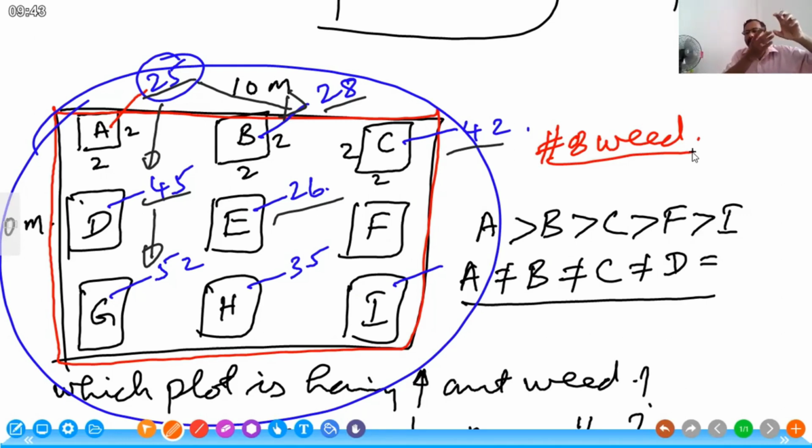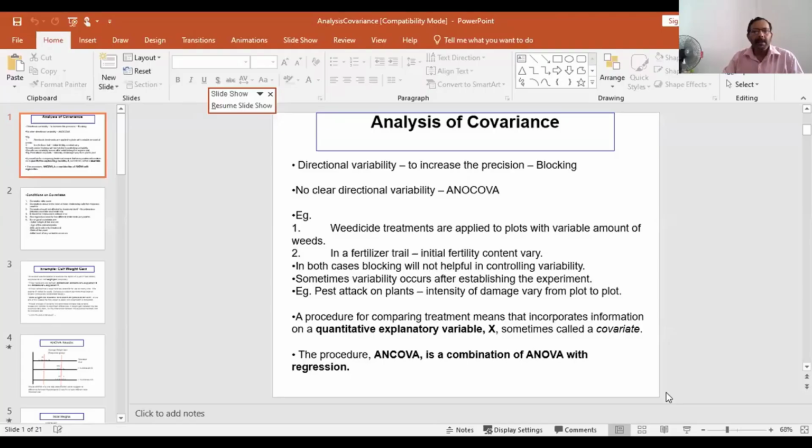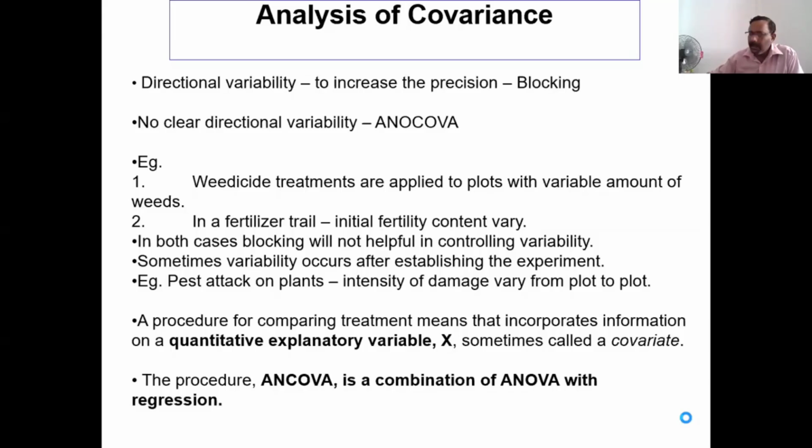Then we find this many milligrams there, this many milligrams. So that information is additional information. So initial number of weeds, initial amount of nitrogen, the number of pests that have been damaging the crop. Likewise, we can talk about it. Right? So that is a quantitative variable. Right? So, can you all see this?